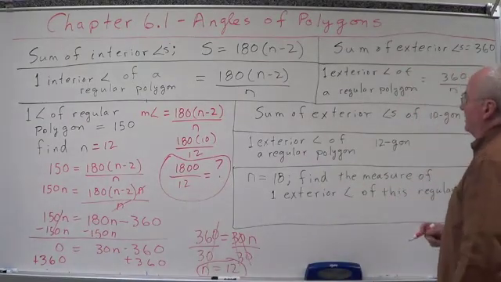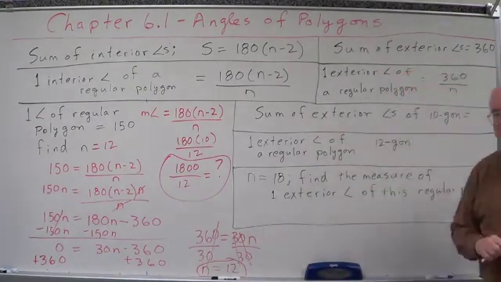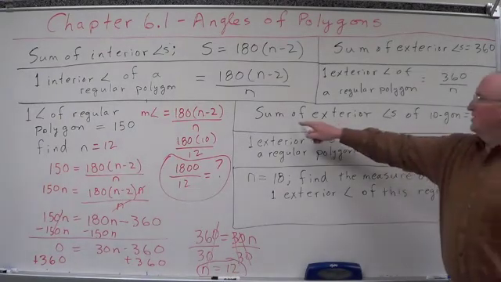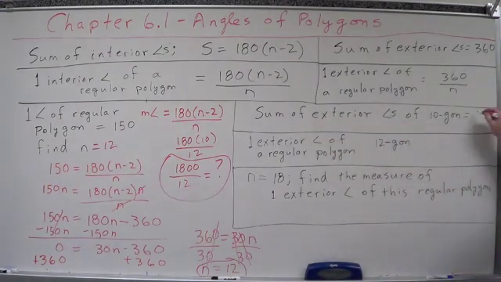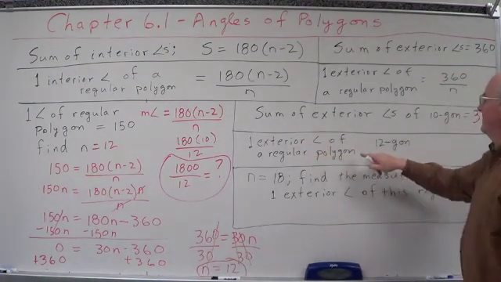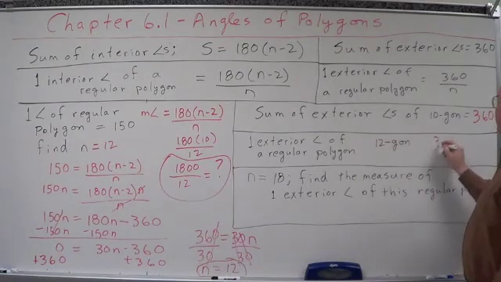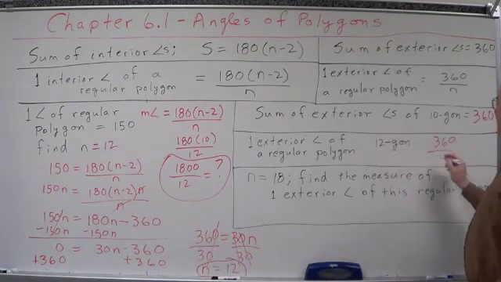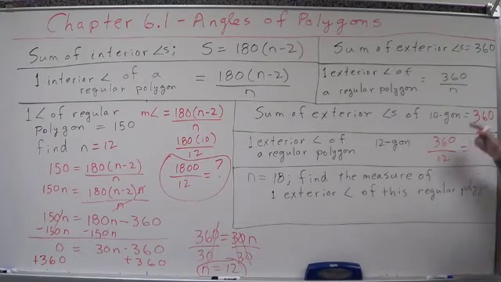That's a rather complicated problem. These over here are pretty simple. Talking about exterior angles. Sum of the exterior angles of a pentagon. Real simple, just got to remember it. One exterior angle of a regular polygon. Well, the sum is 360 divided by 12 equals 30.